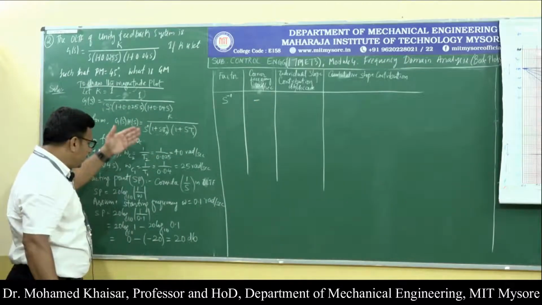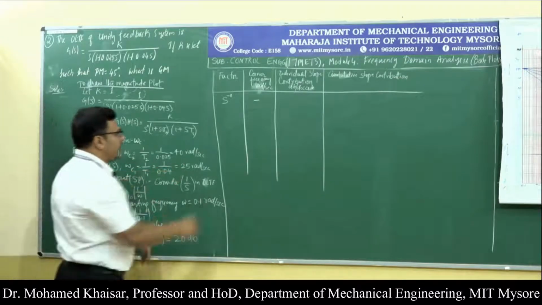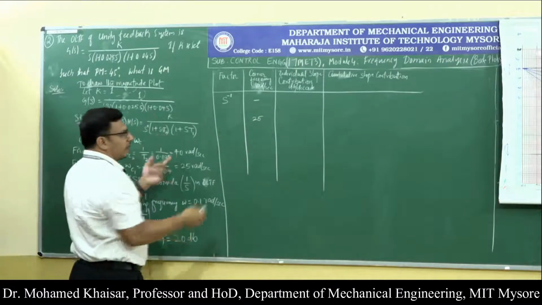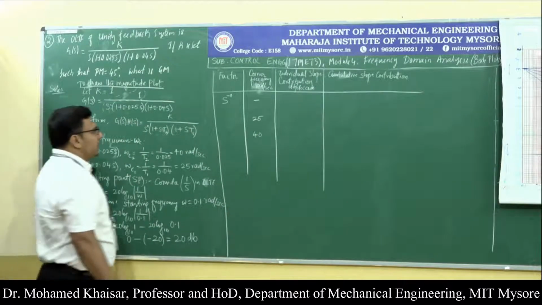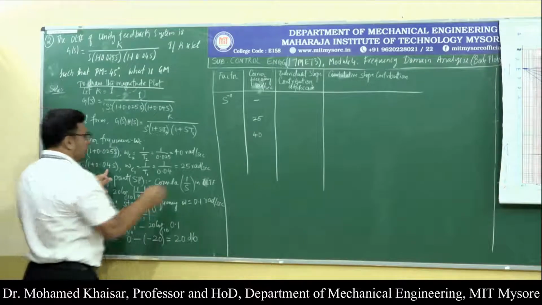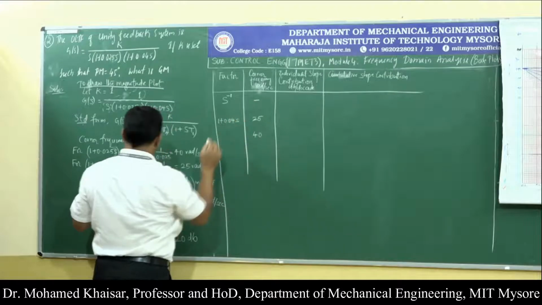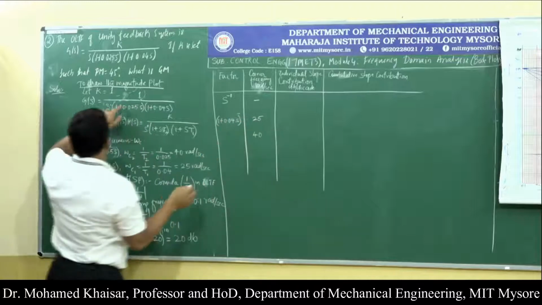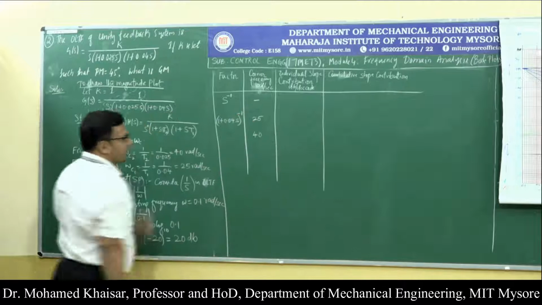Then you write the corner frequencies. In ascending order, the smallest one is 25 radians per second and the highest one is 40 radians per second. 25 radians per second is for which factor? 1 plus 0.04 s, and since it is present in the denominator, its power is minus 1.